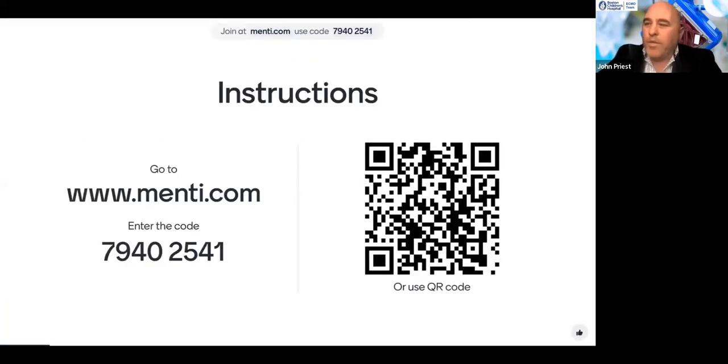If you will, you could either scan this QR code or go to www.menti.com and enter this code, and I'll just wait a couple minutes for you to do that. Maybe just actually 1 minute. Just give me a thumbs up when you get in there, so I know people are logged in.